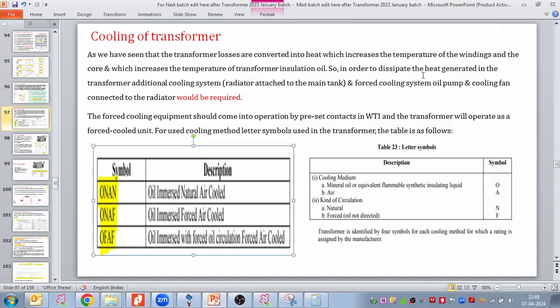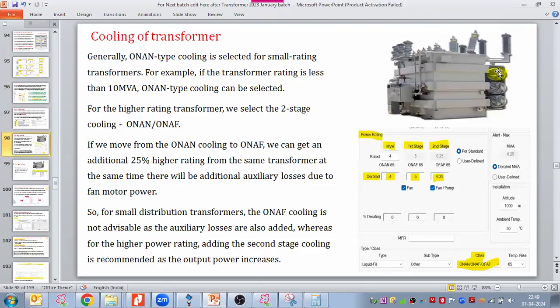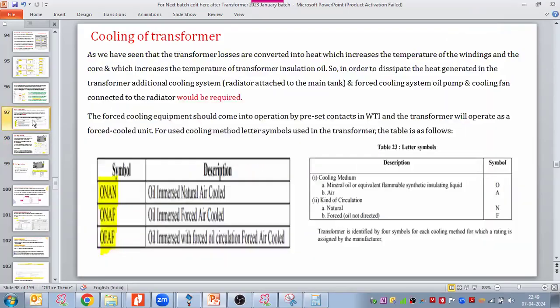So in order to dissipate the heat generated in the transformer, an additional cooling system, which is the radiator, is attached to the main tank. This radiator has a single job: it circulates the oil. When oil circulates, it is cooled.